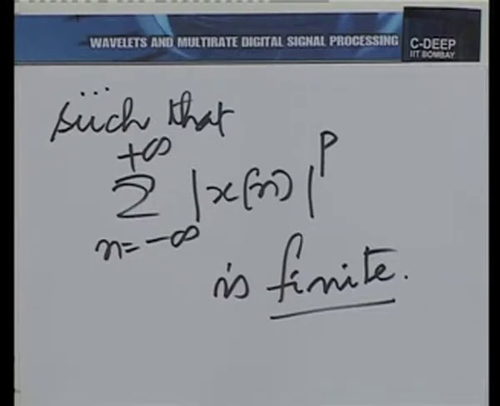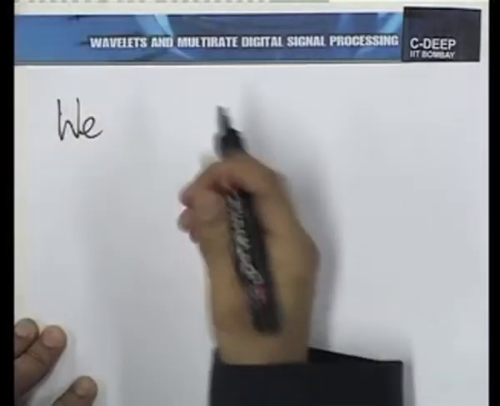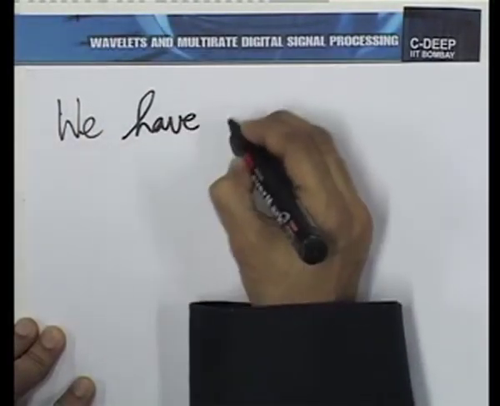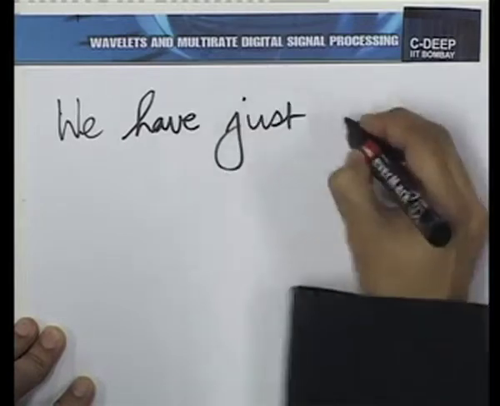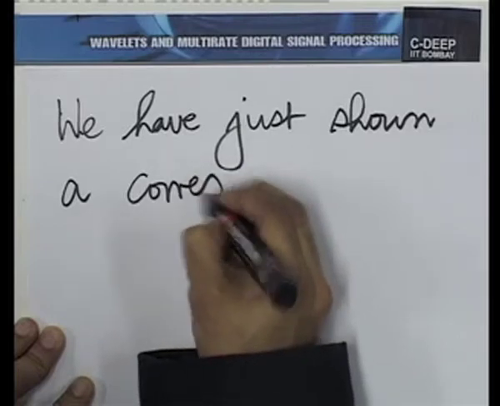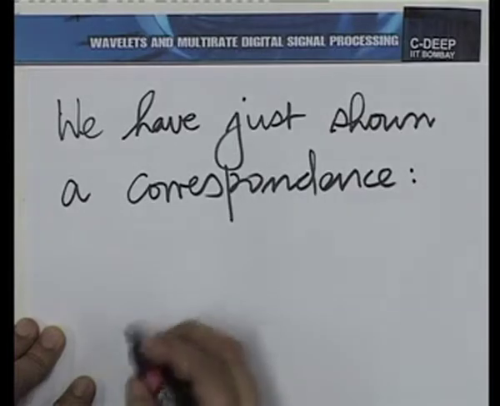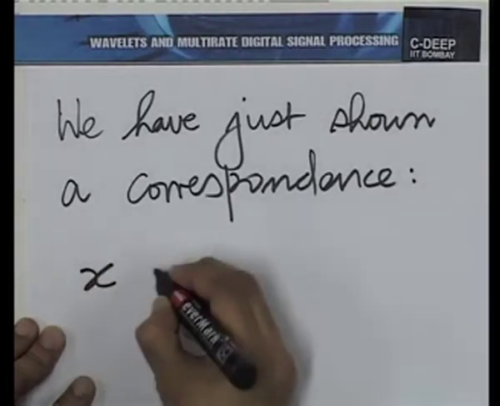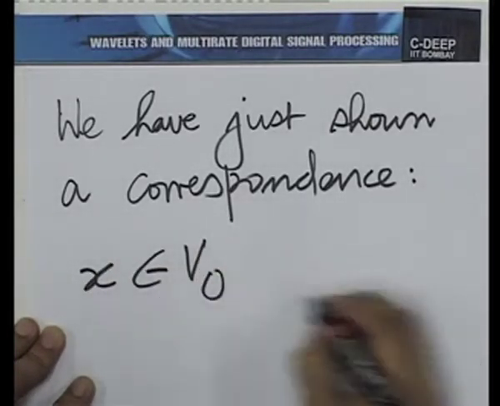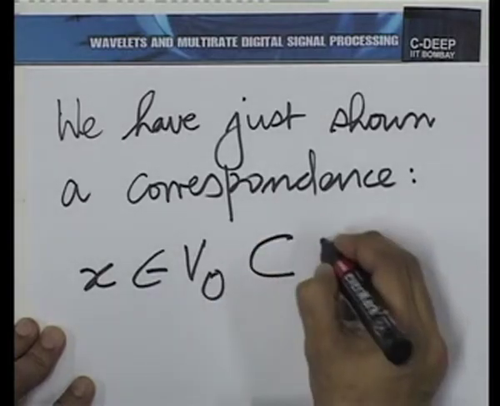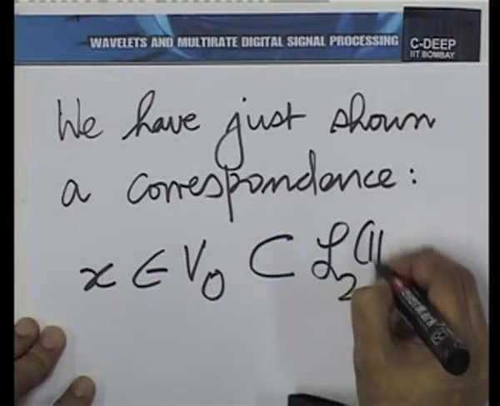Now, what we have just shown is that there is a correspondence. So, we have just shown a correspondence if x belongs to V0, which in turn is a subspace of L2R.